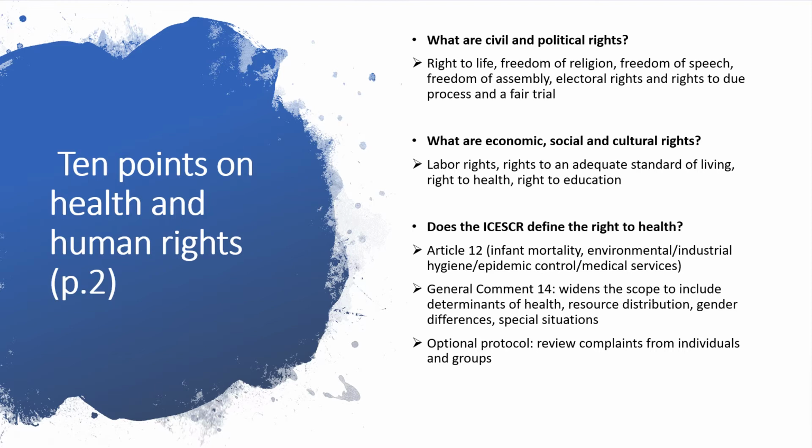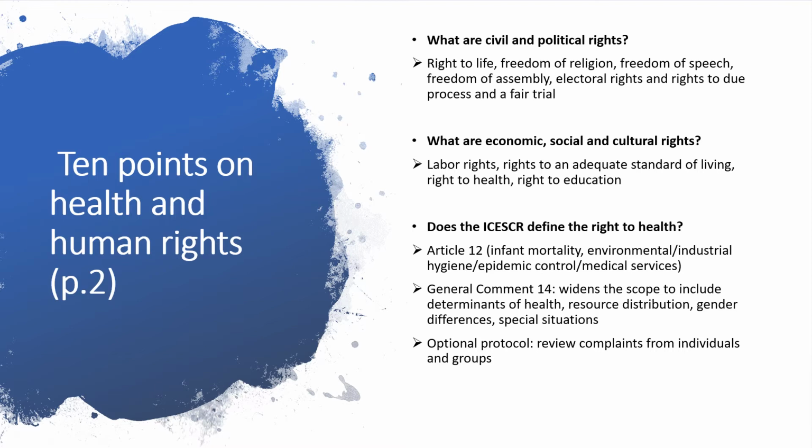Yes, it does. In Article 12, it specifically refers to the right to health and includes 4 different areas: infant mortality and the stopping of stillbirths, environmental and industrial hygiene, epidemic control, and medical services. In 1966, this was pretty progressive to include all this.